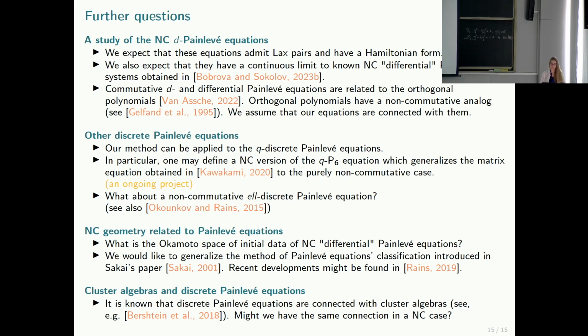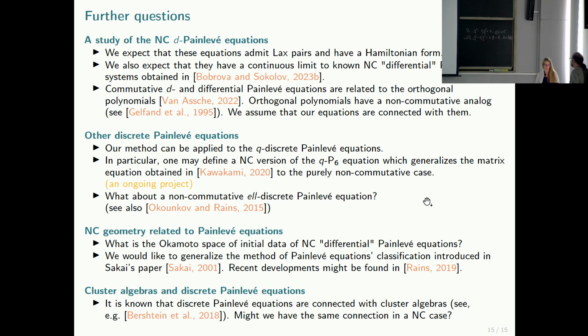Last slide, about further questions we can study. First of all, we can study the list of non-commutative difference Painlevé equations of additive type: their Lax pairs, Hamiltonian form, continuous limits, and also orthogonal polynomials, because they have non-commutative analogs thanks to the paper by Gelfand and Retakh. We can also apply our algebraic method to obtain discrete Painlevé equations of other types, in particular of Q type, and I believe it can also be applicable to the elliptic case.